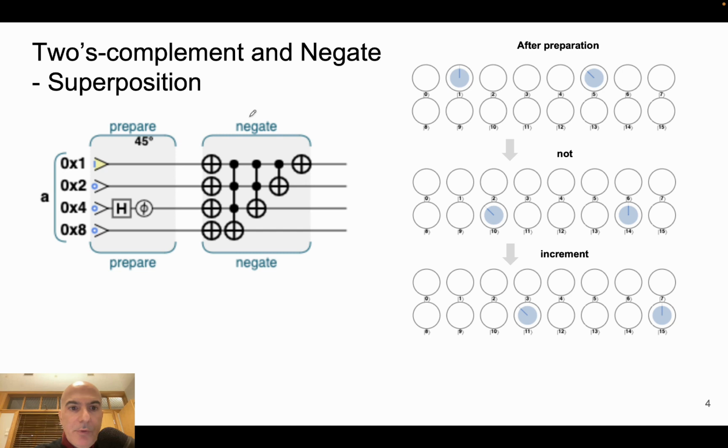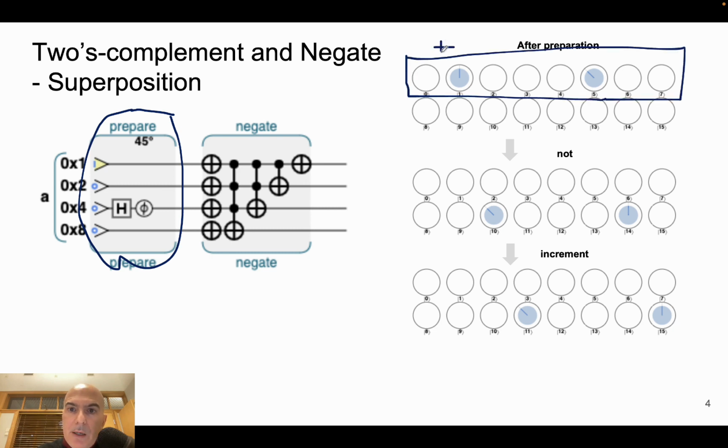The first step, as we know from a previous lecture, is to prepare our system in a superposition of states. Also remember that we're going to use the two's complement representation of integer numbers. This means that half of our states represent positive numbers, and when the most significant bit is equal to 1, it represents a negative integer number.